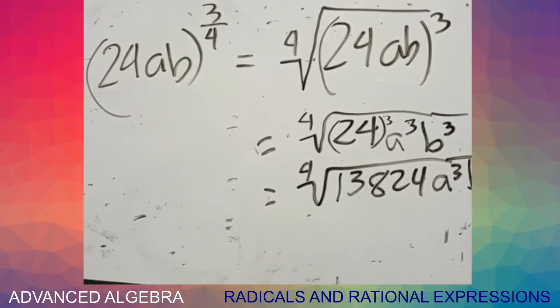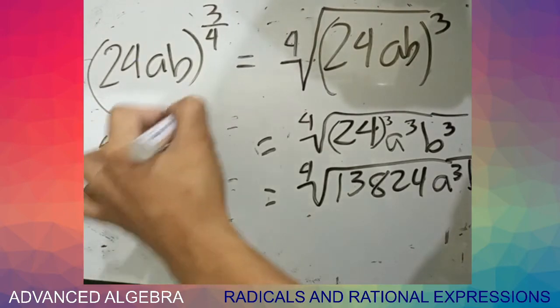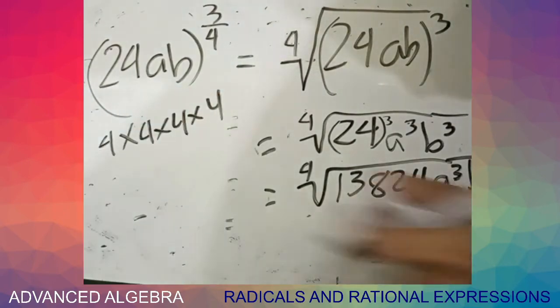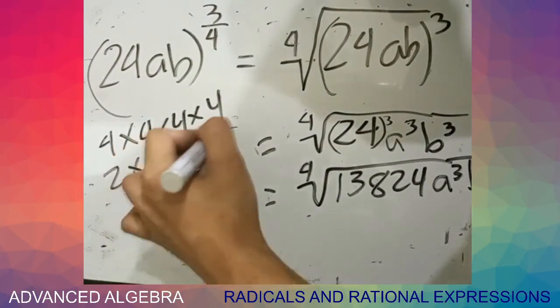So, try natin sa 64 pala. Ay, hindi, 64 times 4 ulit. Kasi hanap tayo ng number na may fourth root. Kasi pwedeng 4 times 4 times 4 times 4. Then, meron tayo isa pa: 2 times 2 times 2 times 3.